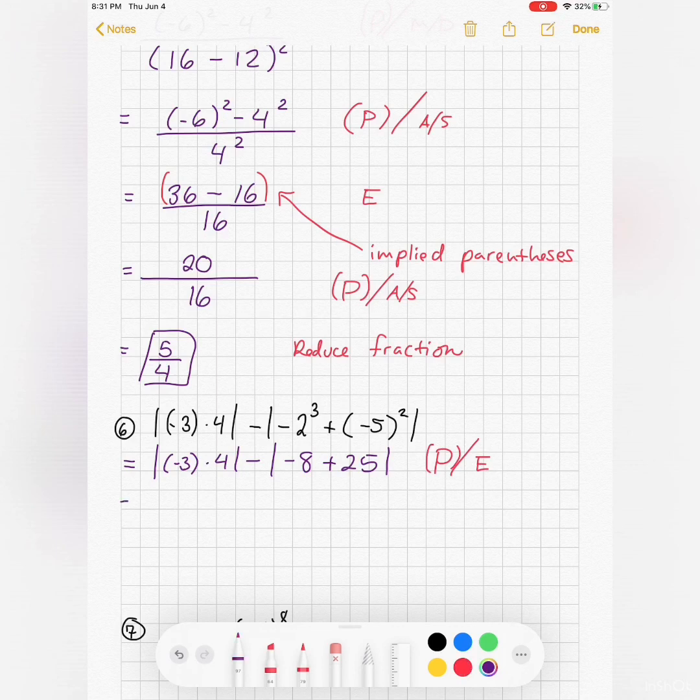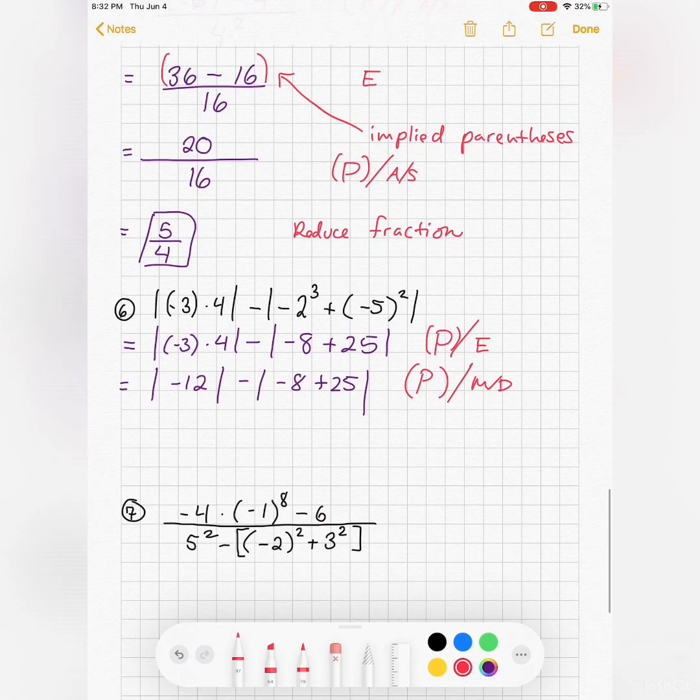Okay, now I'm inside the parentheses, and what do I do next? Inside the parentheses, I do multiplications. Still inside the parentheses, now I do my addition subtraction.